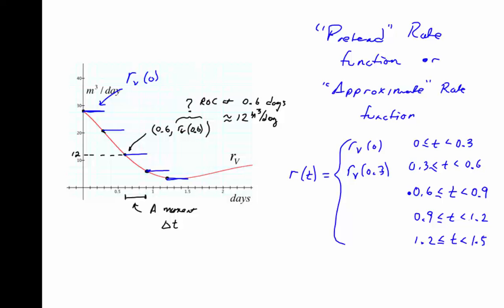Okay, so from 0.6 to 0.9, the rate is R sub v of? From 0.9 to 1.2, the rate at 0.9. And from 1.2 to 1.5, we want the rate at 1.2.